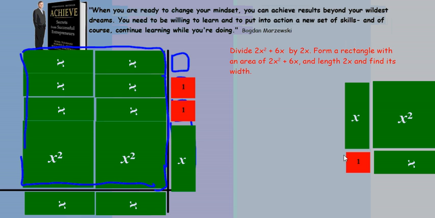When you divide this binomial, 2x squared plus 6x, by 2x, the result is x plus 3. And now the challenge is to really show algebraically that this is the case. So let's move to the next page.